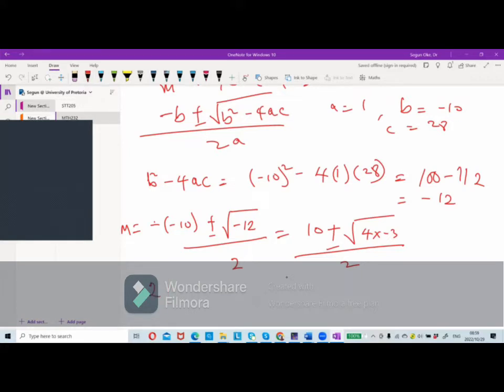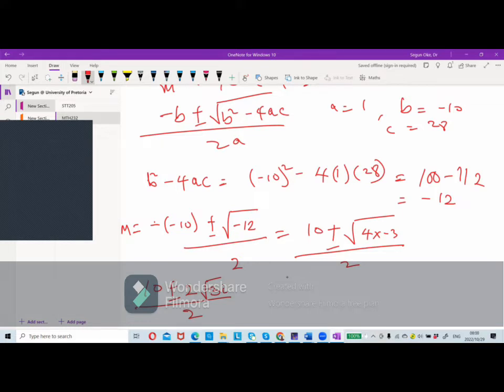Let me just write 10 plus or minus 2 square root of 3i, divided by 2. It is complex because of the negative. I already took the 4 out.